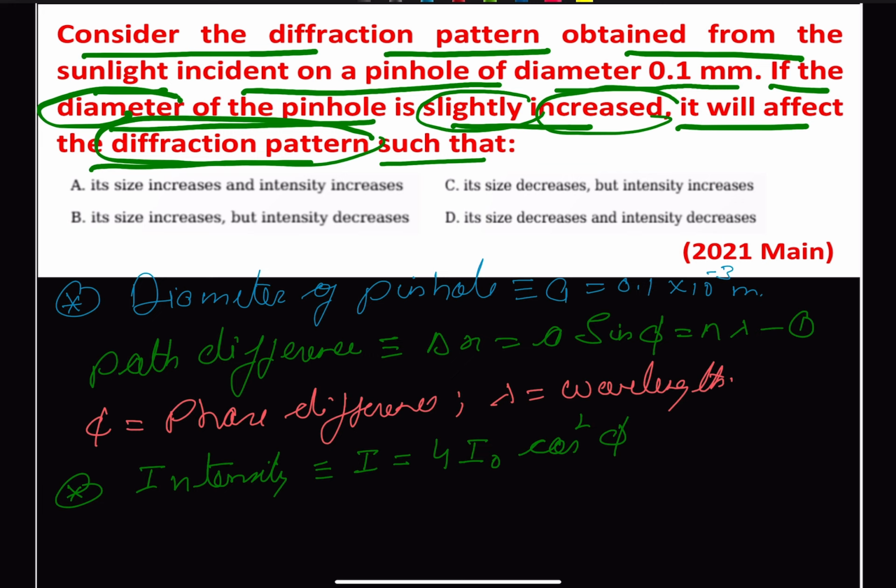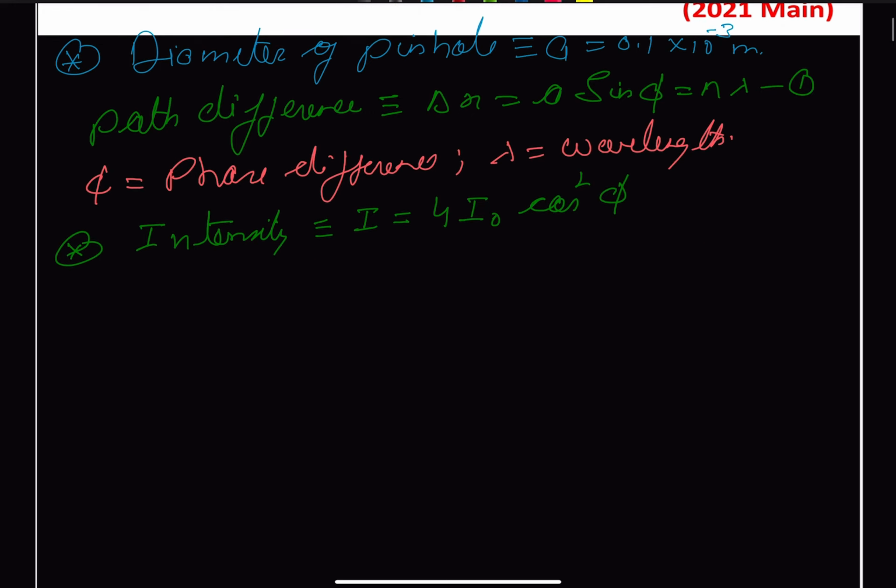Let us call this equation 2. And from equation 1 we have our sine of phi equal to n times lambda divided by a.